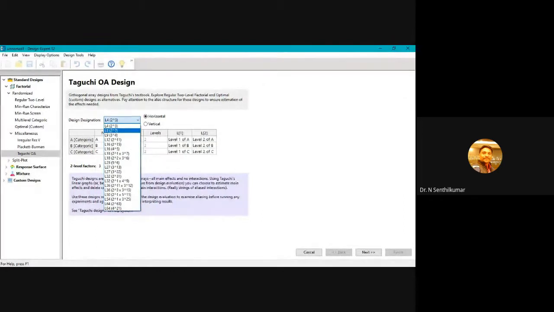When the values are close, we have to keep the levels few. So fewer level values when the range is small. For example, 100 to 200 is very small, so I can take 100 and 200 itself. But when the range is higher, for example, 100 to 1000, then I have to increase the number of levels, for example 100, 300, 700, 1000.